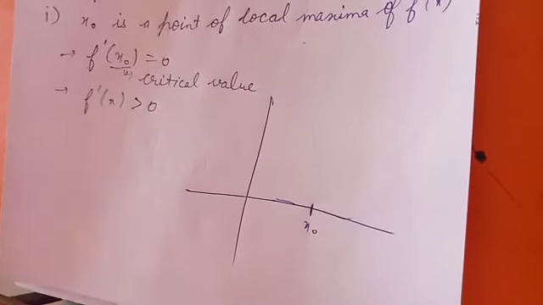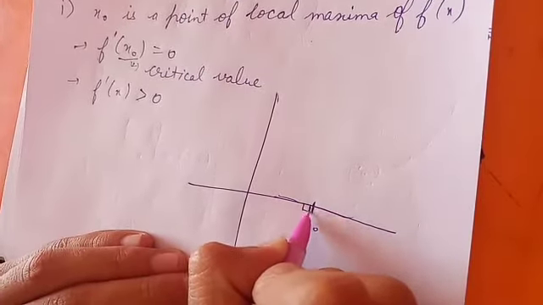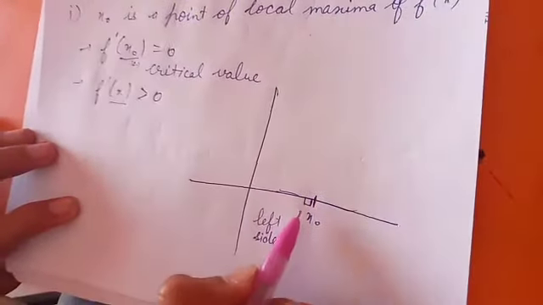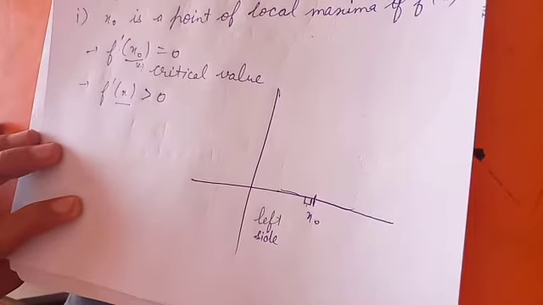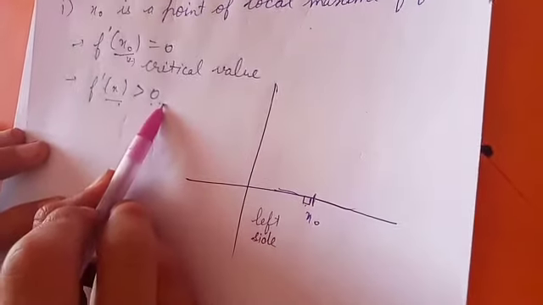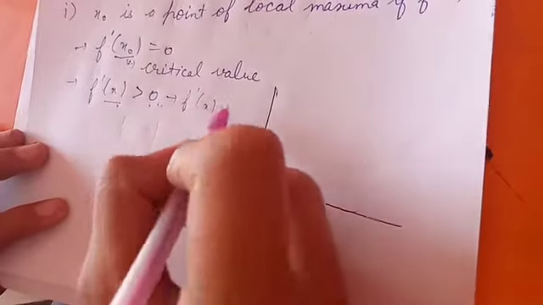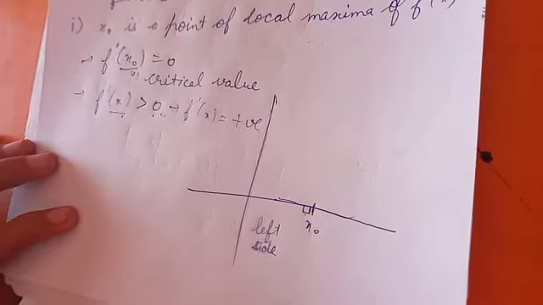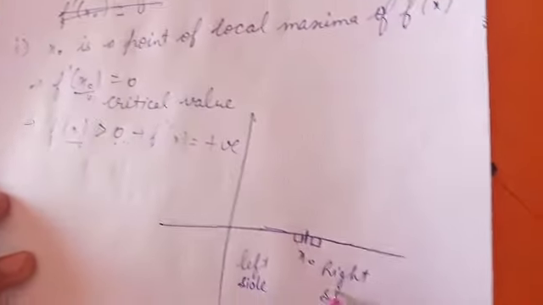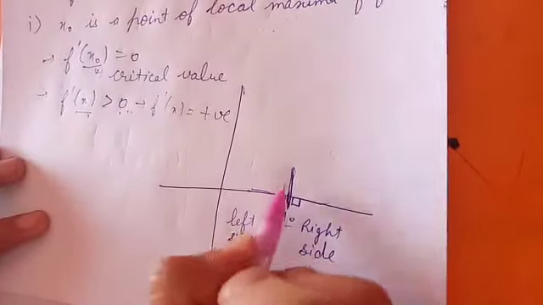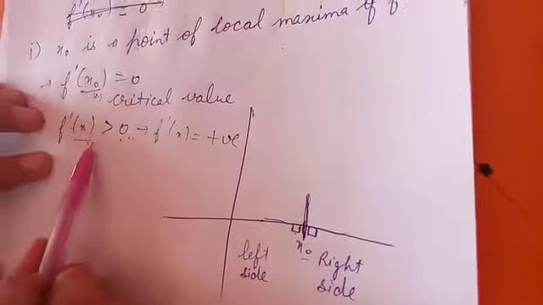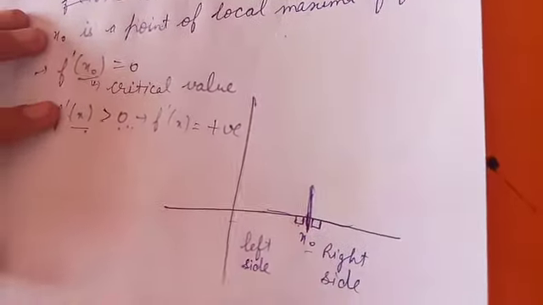We will take some values very near to x naught on the left hand side, and if f dash x of those values is greater than 0, meaning f dash x is positive, then we took some values on the left hand side of x naught, did the differentiation, and got that f dash x is positive.